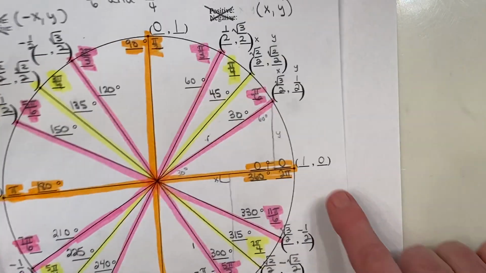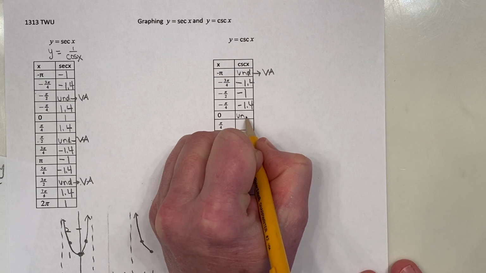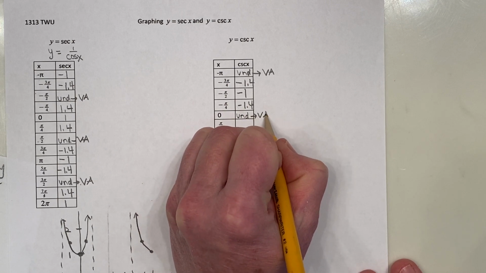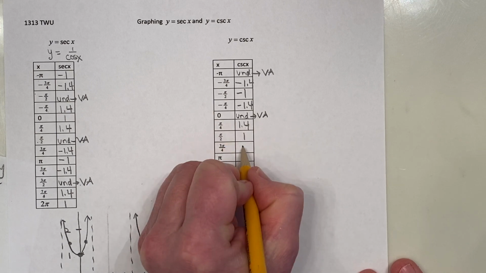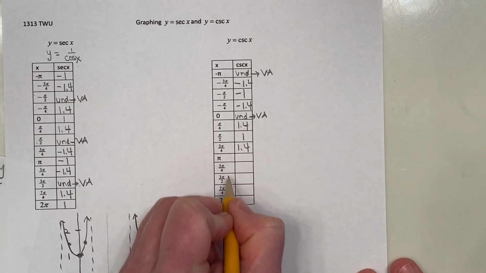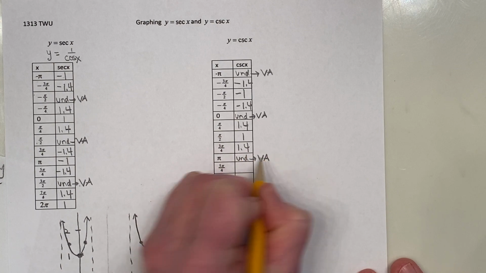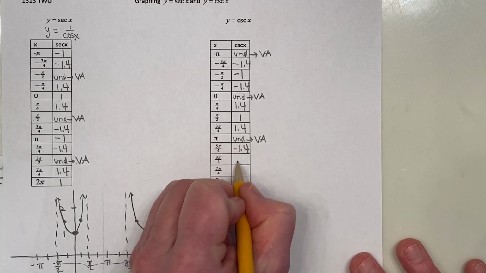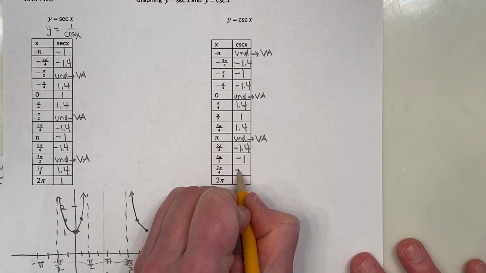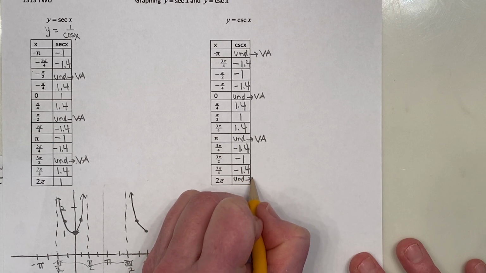We're at 0 radians. The reciprocal of the y-coordinate is undefined. Pi over 4, pi over 2. We're back at pi. That's going to be undefined. Vertical asymptote. And 2 pi is another undefined.